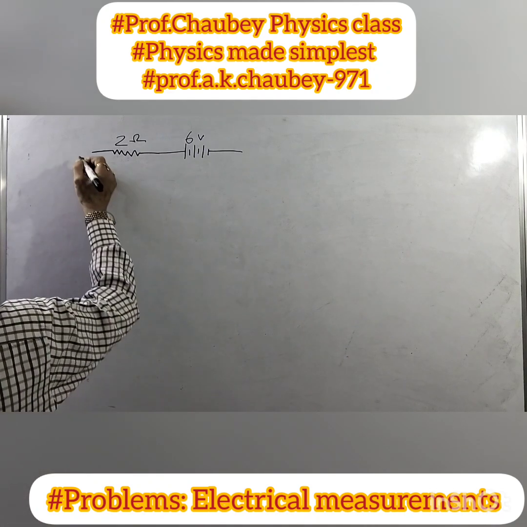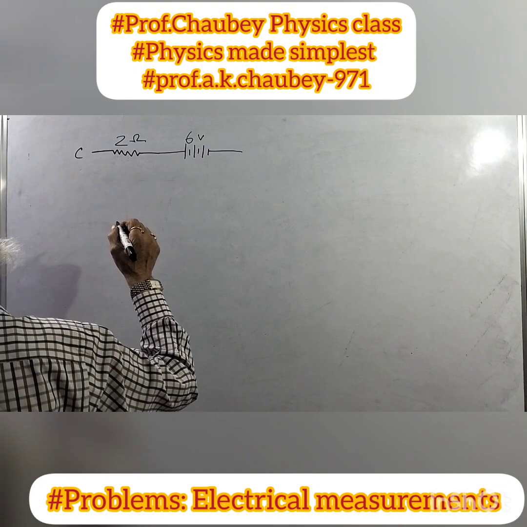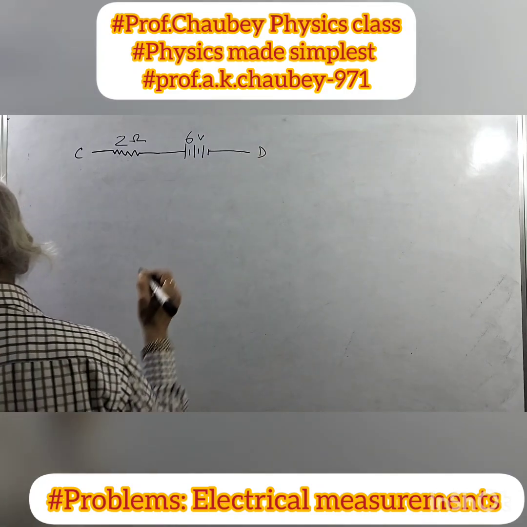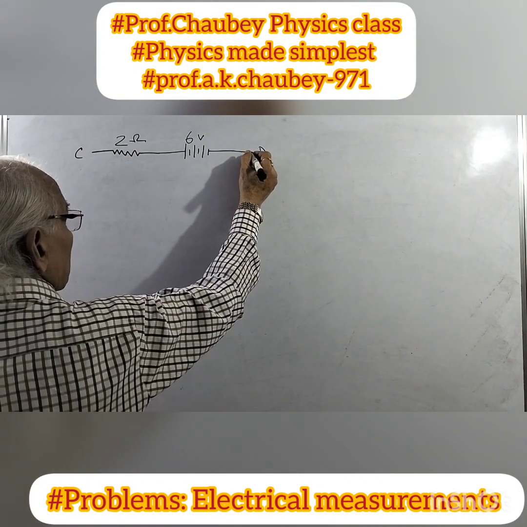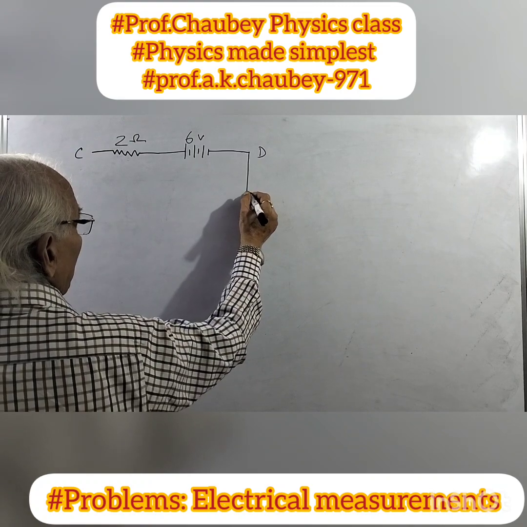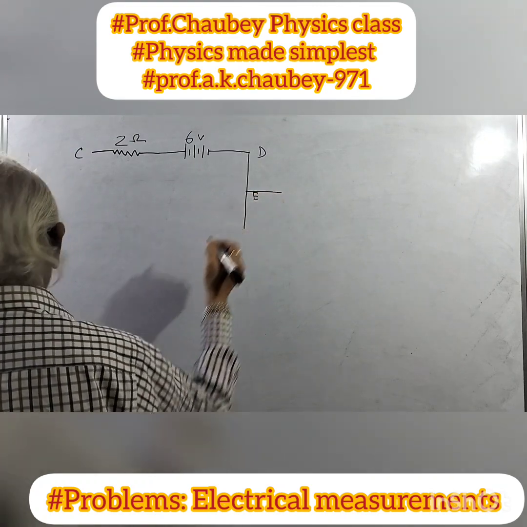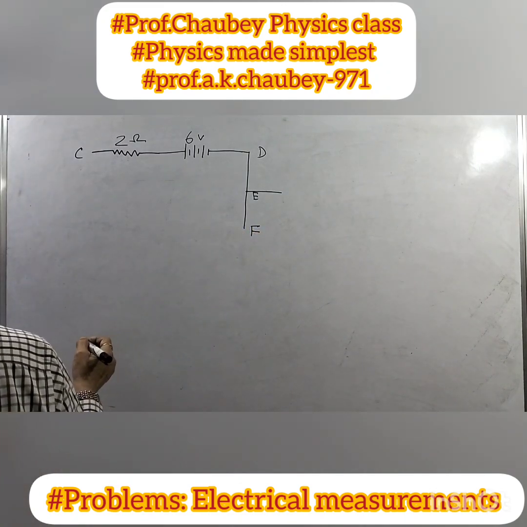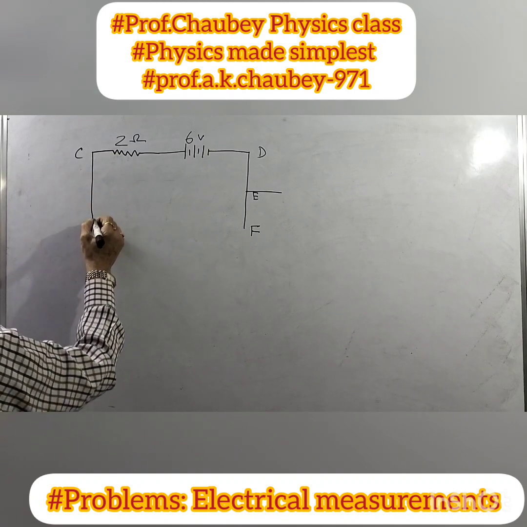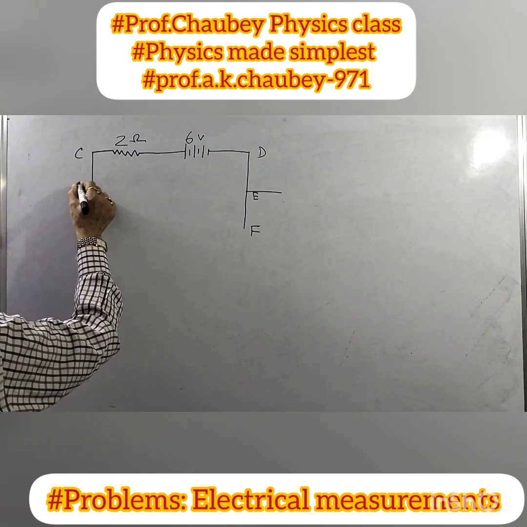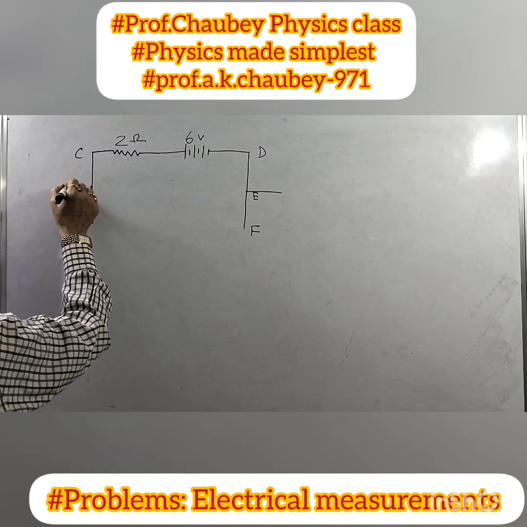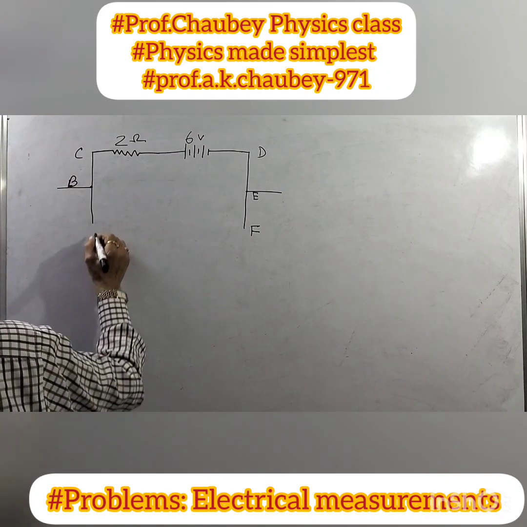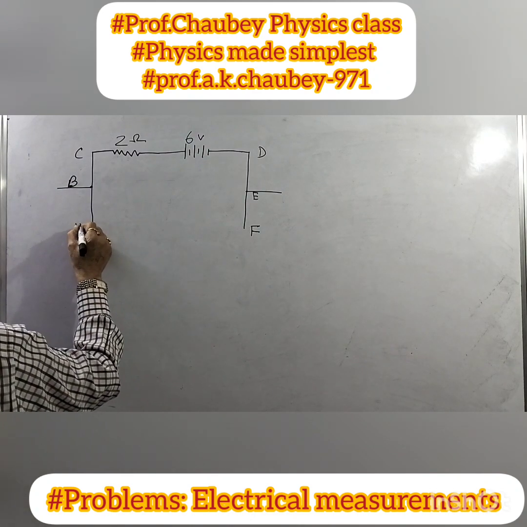So this is C and D, point C and point D. Here I have the point E, and this is F, and here point B, and then here H.